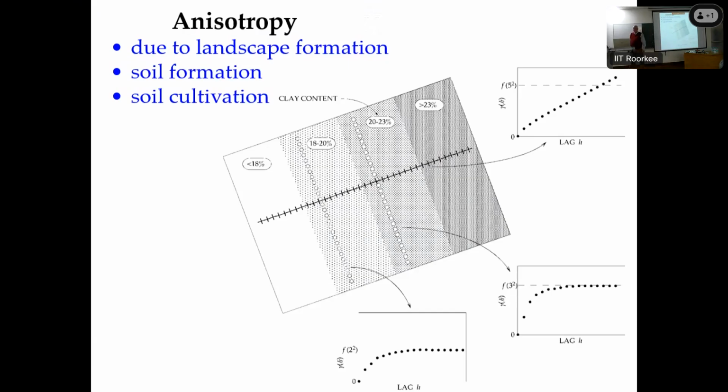Here, a little more elegant version of it that we have put out in our textbook years ago. So this explains anisotropy, similar phenomenon. Here we have clay contents less than 18, 18 to 20, 20 to 23. So this one could easily be a landscape that has a clear and obvious slope.